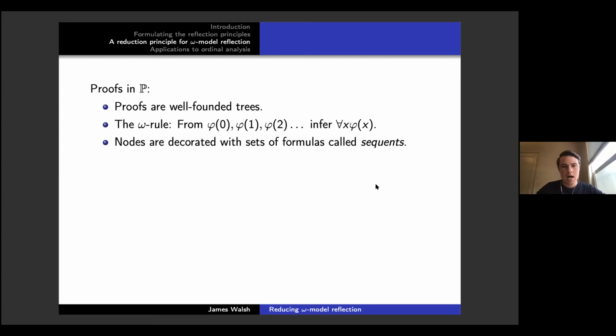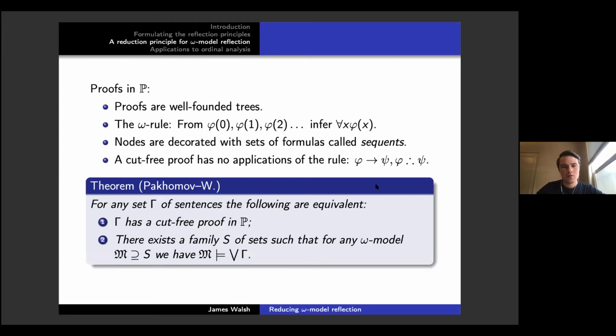Now, I'm going to be mentioning things about cut-free proofs. Roughly, the cut-free proofs don't have applications of modus ponens: phi implies psi, phi, therefore psi. A cut-free proof will not have modus ponens in it.